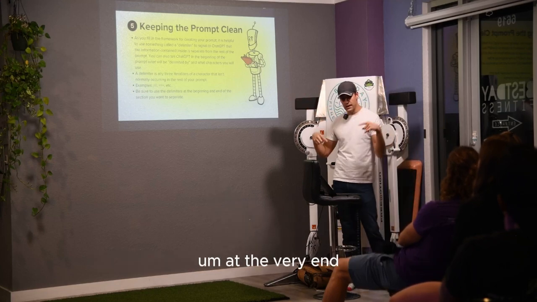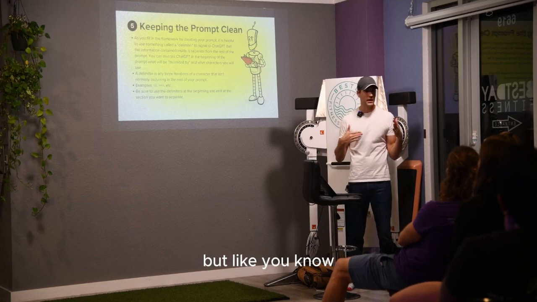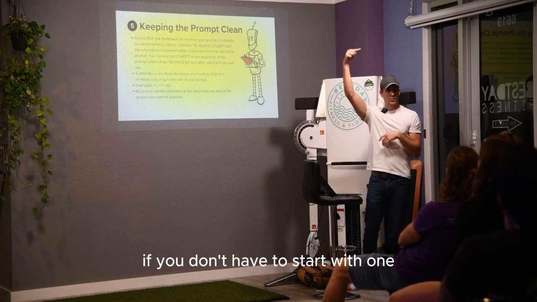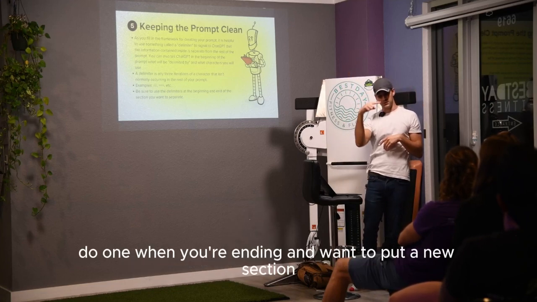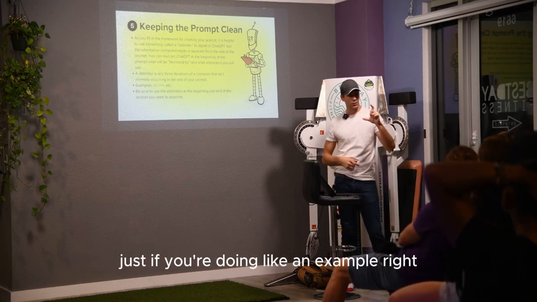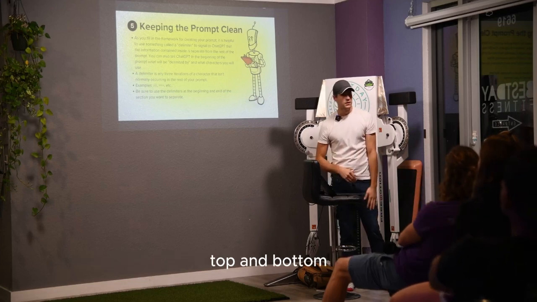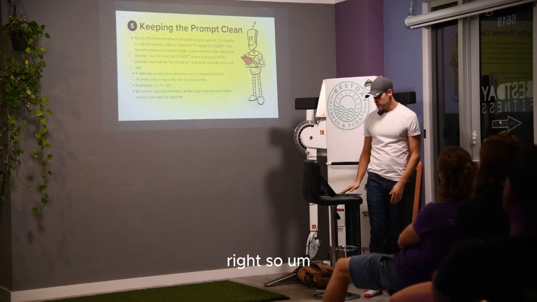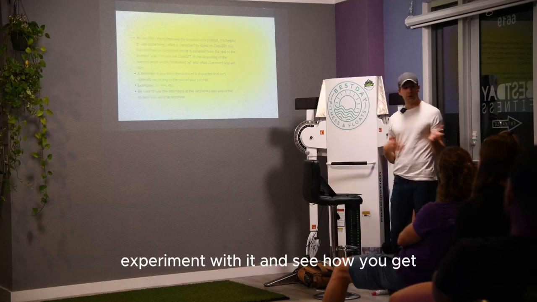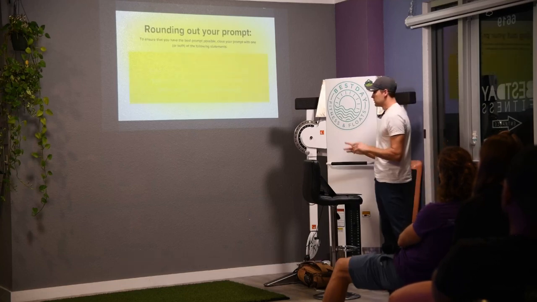At the very end, it's not super necessary. If you're doing an example, top and bottom, and then maybe a different example, top and bottom, and then you can just leave it at the end, right? So experiment with it and see how you get your responses.